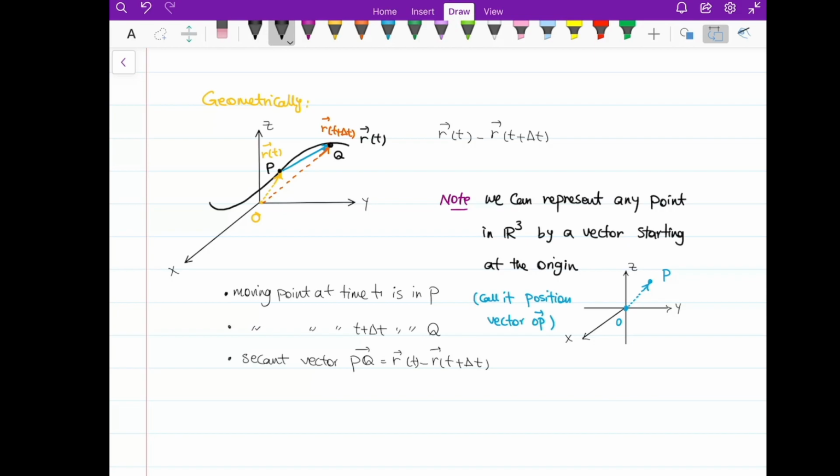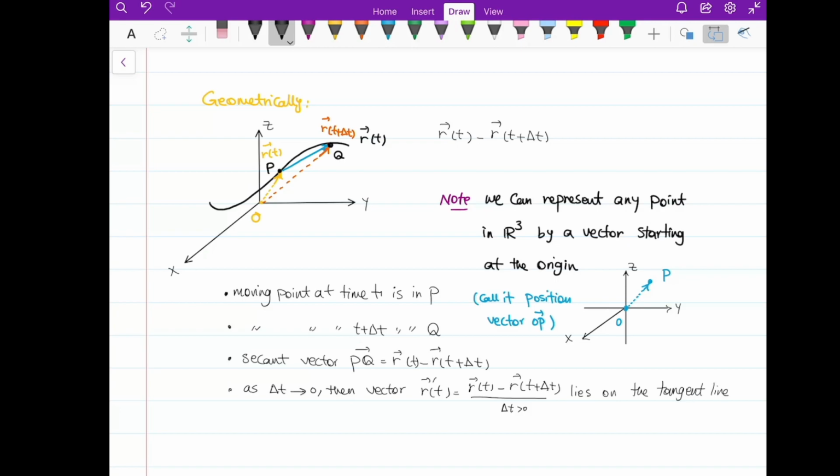Okay, and then if you notice that as delta t goes to 0, then the vector r prime of t, where r prime of t is actually r of t plus delta t minus r of t over delta t, assume that delta t is positive, then as delta t goes to 0, the vector r prime of t is gonna lie on the tangent line.